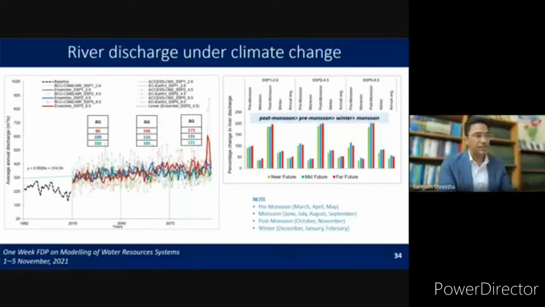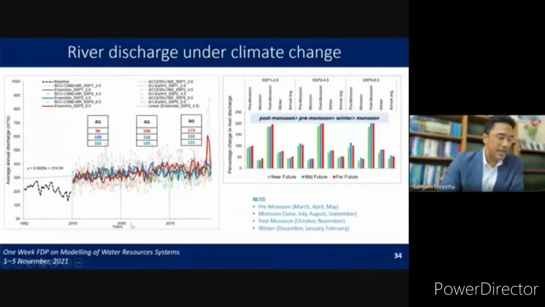This is the change in the river discharge under climate change scenarios. On the left-hand side, you can see the average annual discharge in the baseline period and also in the future period, right? The x-axis is the timeline and the y-axis is the average annual discharge. And consistent with the increase in the rainfall, the average discharge is also expected to increase in the future.